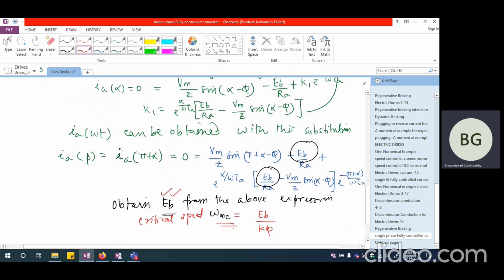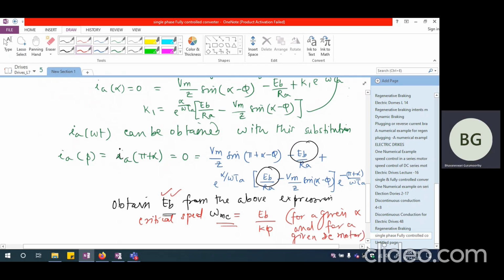So please try to derive this expression and cross verify whether it matches with whatever is given in the book by G.K. Dubey or anybody else, because there are many books which give this expression clearly. The critical speed is for a given alpha and for a given DC motor.